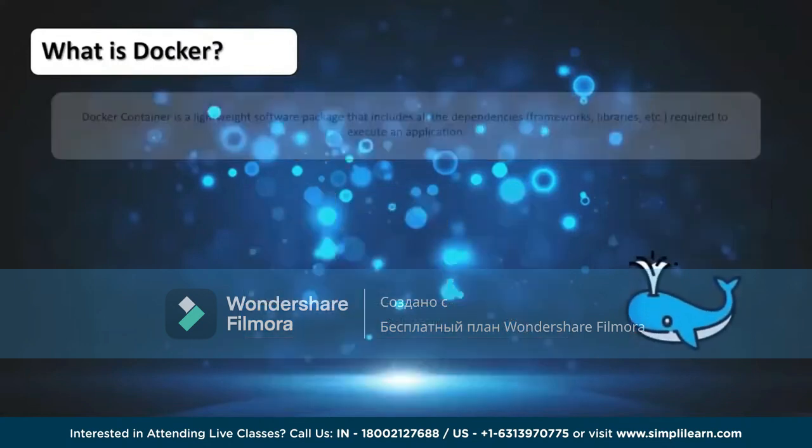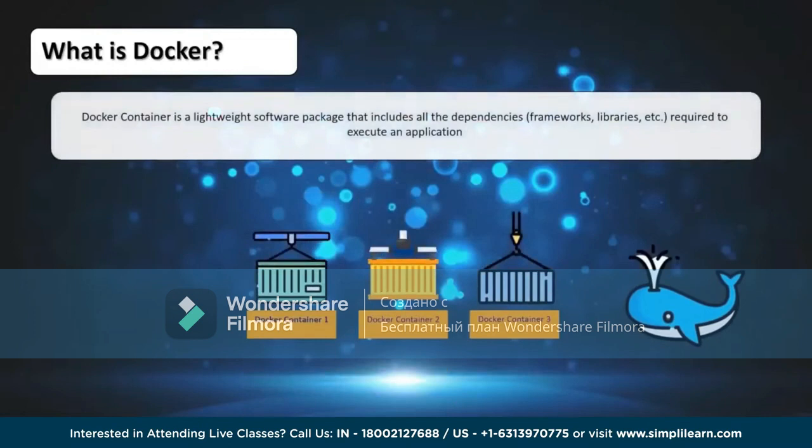Now let's talk about what exactly a Docker container is. A Docker container is a lightweight software package that includes all the dependencies, whether it's a base operating system, some framework, or some libraries, so that if you want to host your application, you will be able to do that.